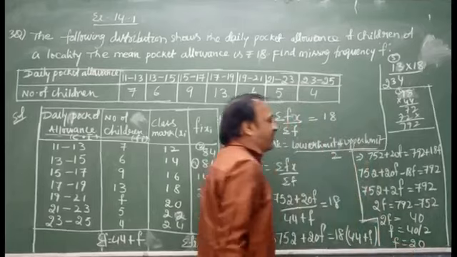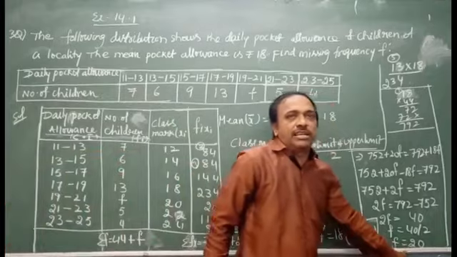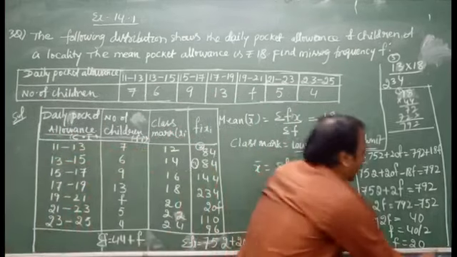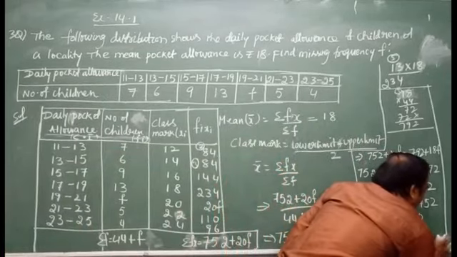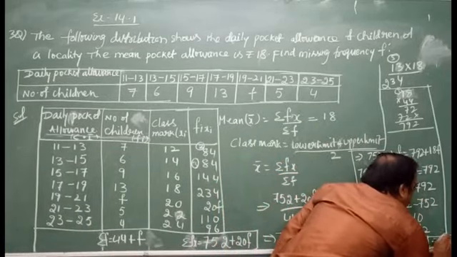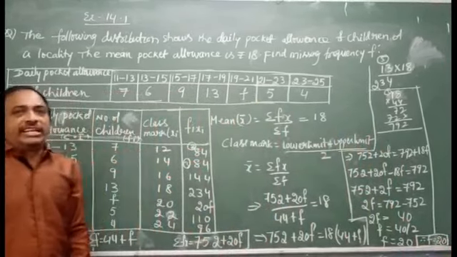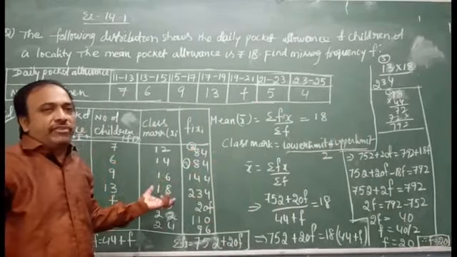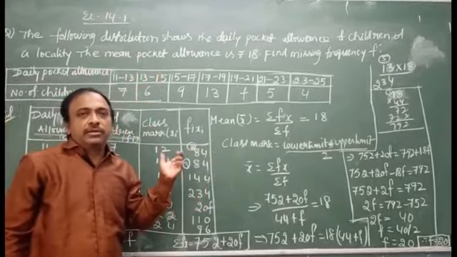Therefore, the missing frequency f is equal to 20. This is how we calculate the missing frequency from Exercise 14.1, question number 3. I hope you understood.